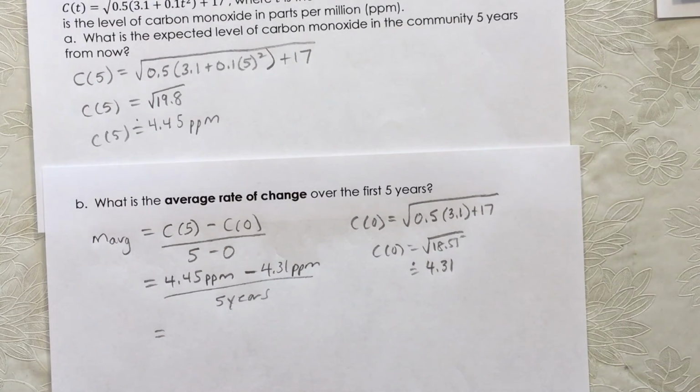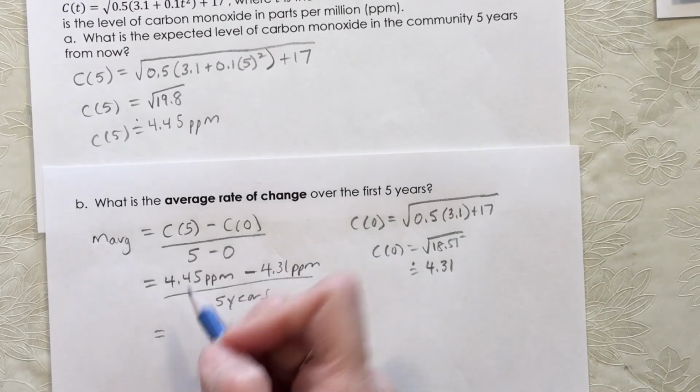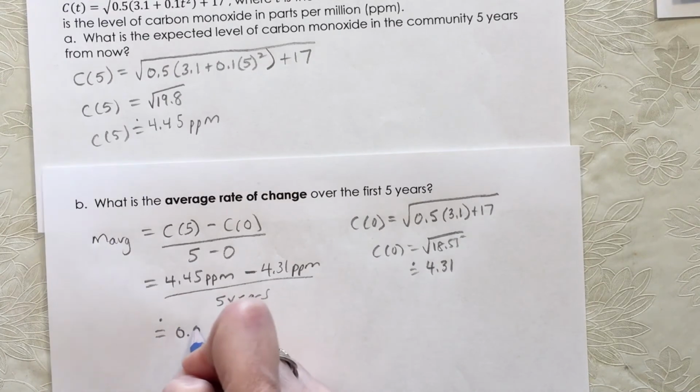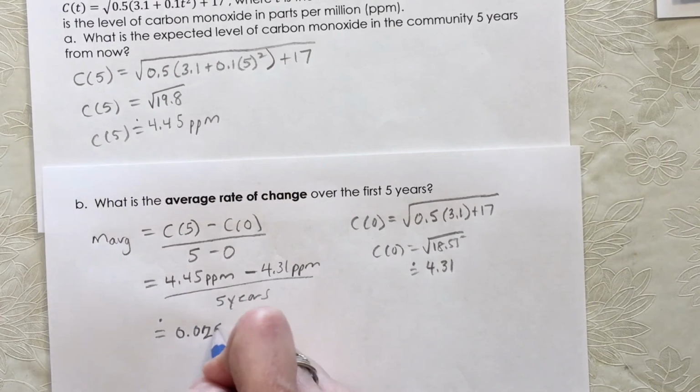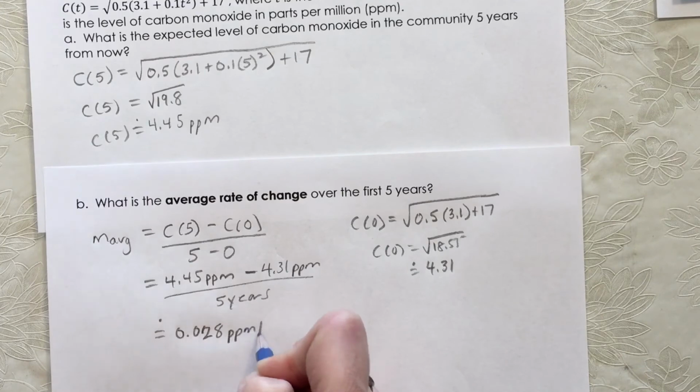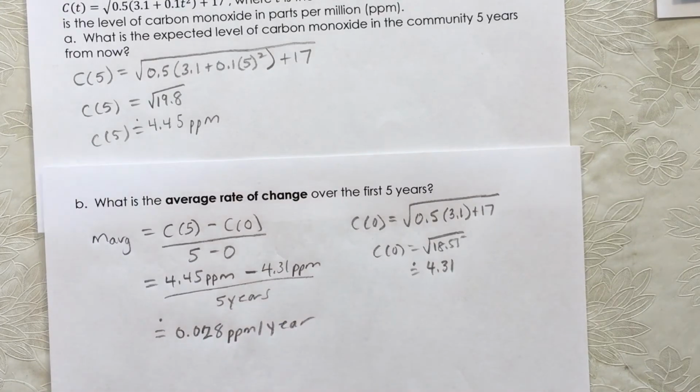And then we can do that on our calculator. 4.45 minus 4.31, all divided by 5, is approximately 0.028 parts per million per year. So since it's positive, it means the carbon monoxide level is increasing by 0.028 parts per million per year.